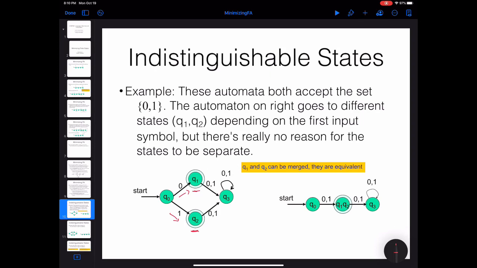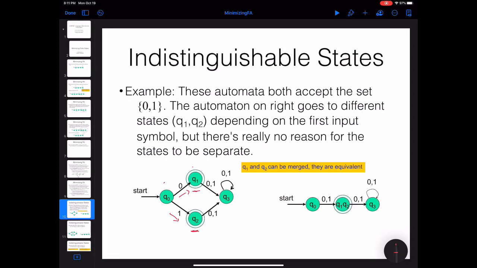So for example, Q3 cannot be merged with Q1, or Q0 cannot be merged with Q1, or Q0 cannot be merged with Q2, because one of them is accepting, one of them is rejecting. So when I'm talking about merging them, I am considering either all accepting states or all non-accepting states.